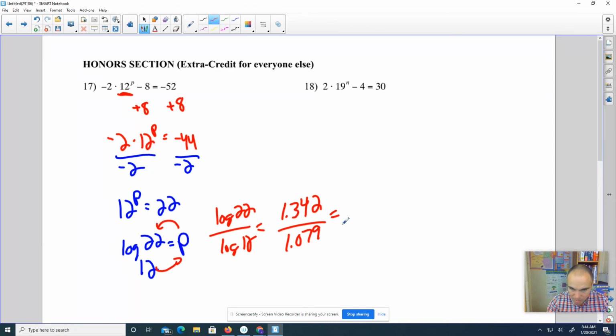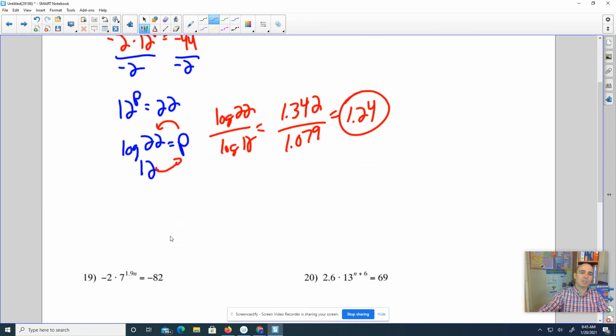Okay, 1.342 divided by 1.079 equals 1.24. Okay, what I would have predicted, right? It's gonna be more than 1 because 12 to the first power would have been 12, but it's not gonna be nearly 2 because 12 to the second power is 144. Okay. Anyway, just like our regular problems, just an extra step.